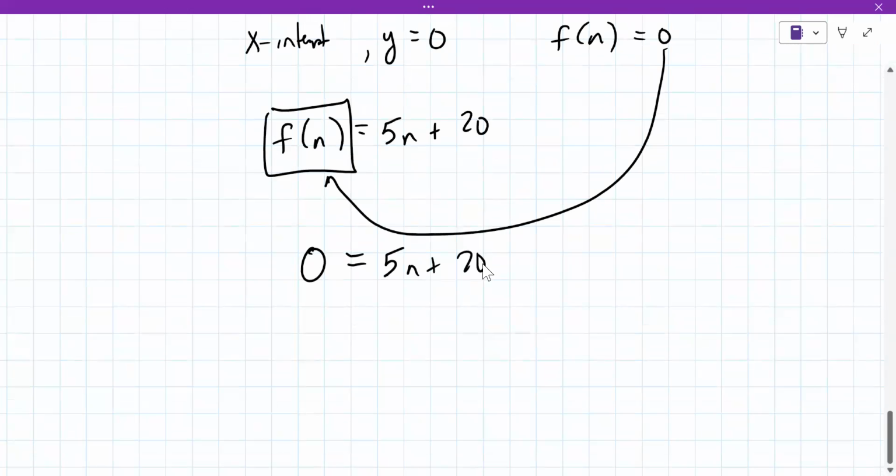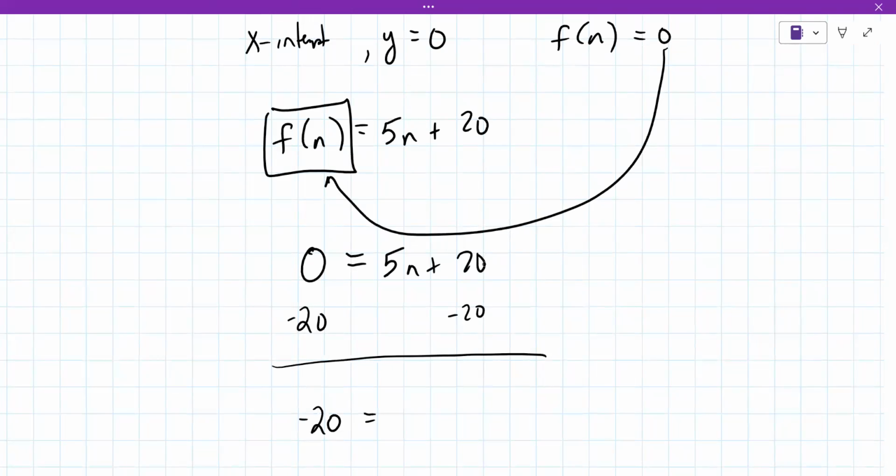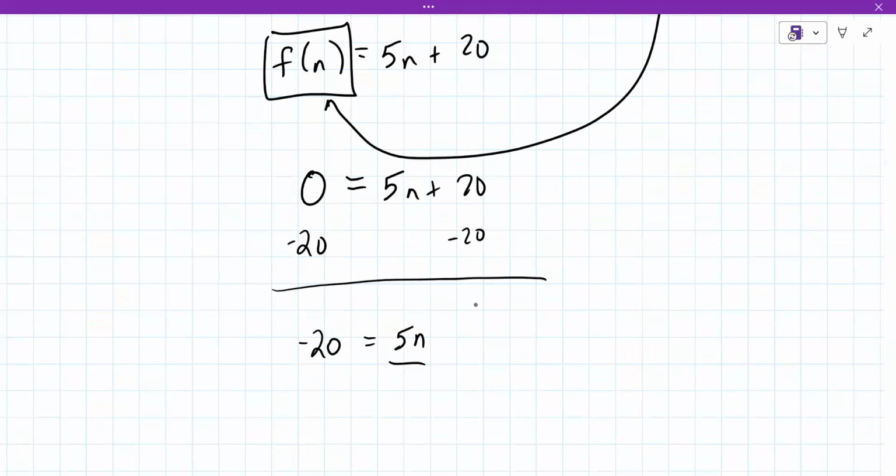It would be negative 20 equals 5n, and then divide by 5, and you would get n equals negative 4.